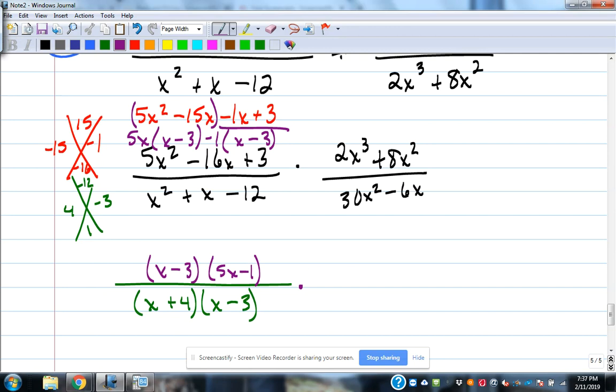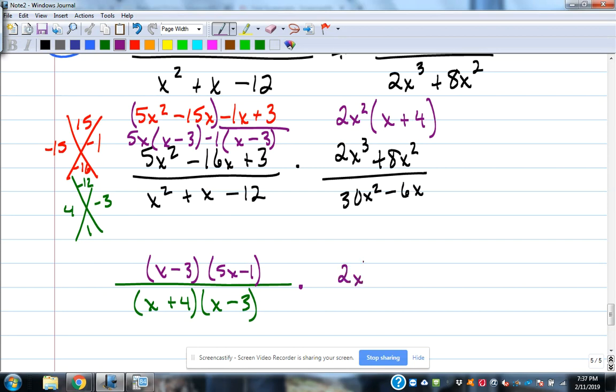Good news is the next fraction doesn't have x method stuff on it. It's just got GCF stuff, which is easier to do. 2x cubed and 8x squared, what do they have in common? 2x squared. There's two x's in common, so that'd be 2x squared, and they'll give you x plus 4.